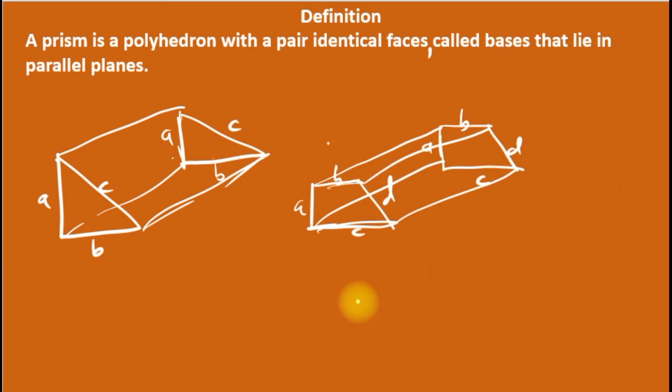So you see that the major thing here is that they must have identical bases, and the distance from the base is the perpendicular height. That's the height of the prism.